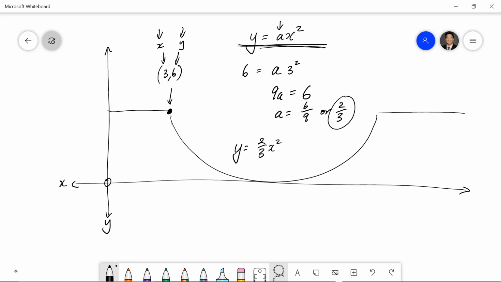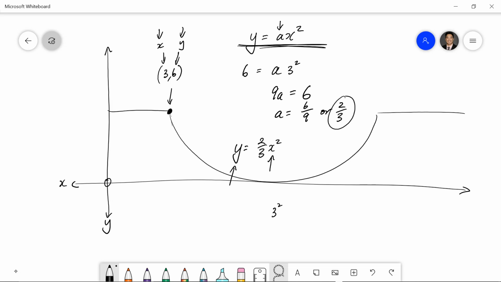If you want to check and see if what you've done is correct, then all you need to do is re-substitute your values to see if it fits. So again, we're going to put x as 3, and we're hoping that the answer is 6.